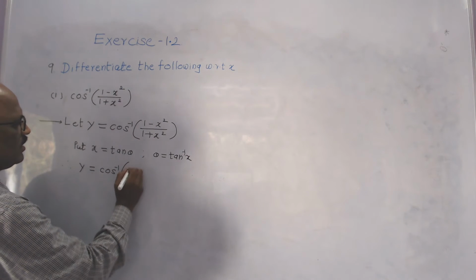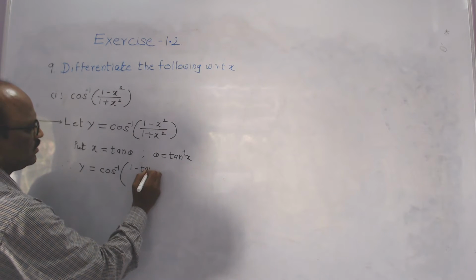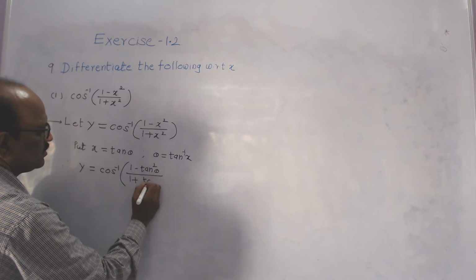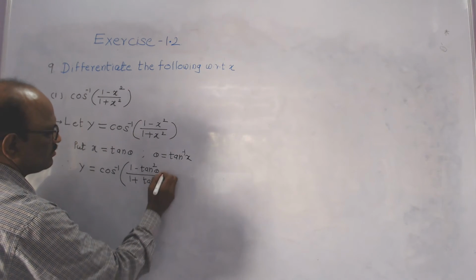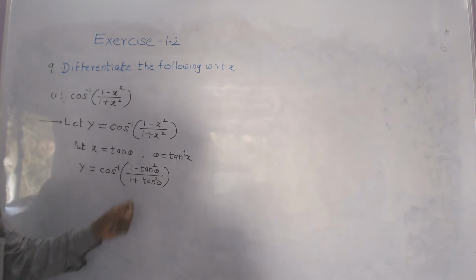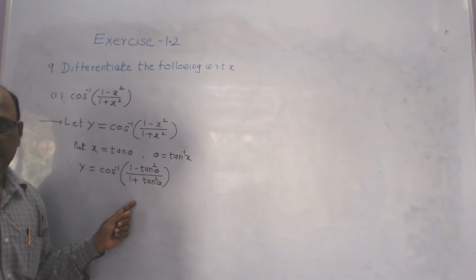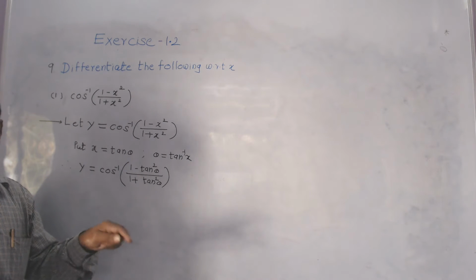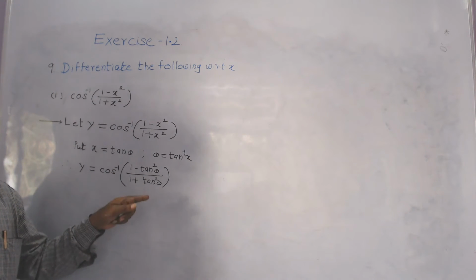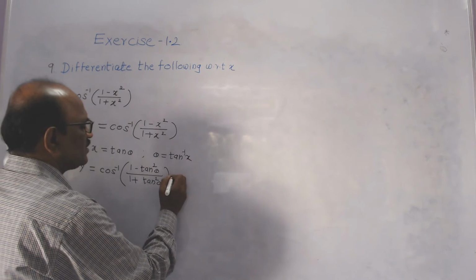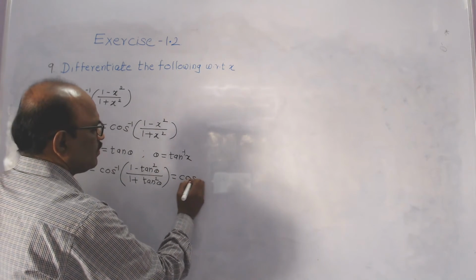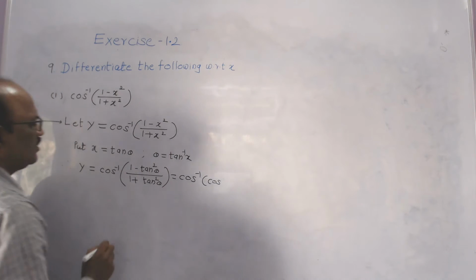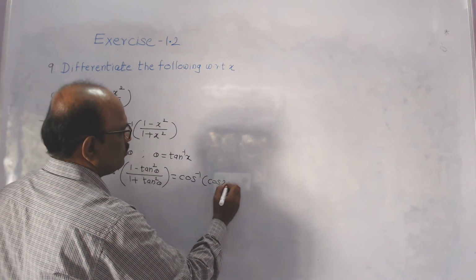Therefore our expression will become y equals cos inverse of (1 minus tan square theta) upon (1 plus tan square theta). But we know one of the important formulas. What is that? Cos of 2 theta equals 2 cos square theta minus 1, or 1 minus 2 sin square theta, or (1 minus tan square theta) upon (1 plus tan square theta), and this is nothing but cos of 2 theta.